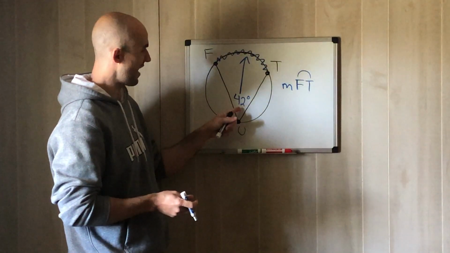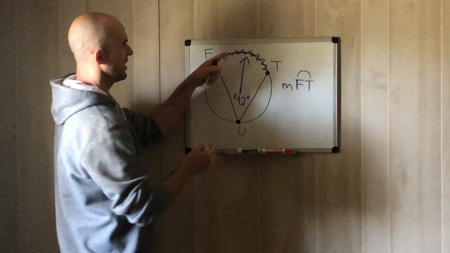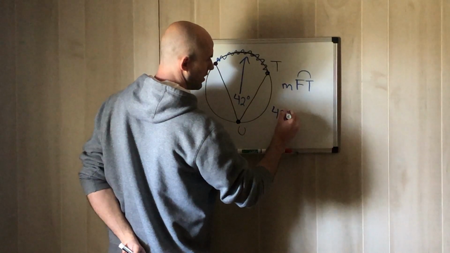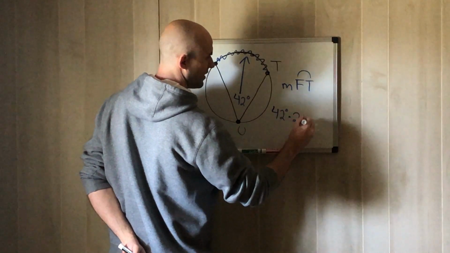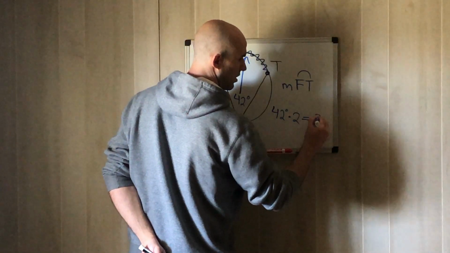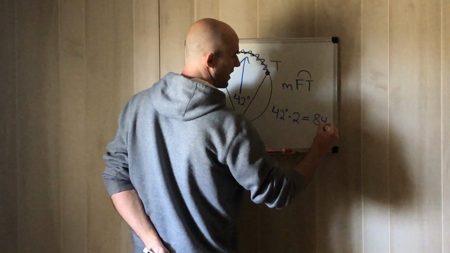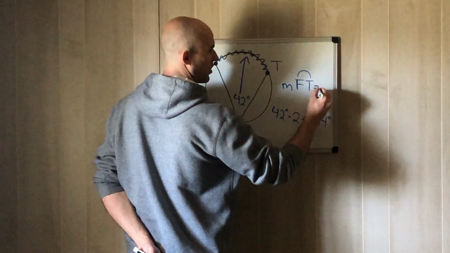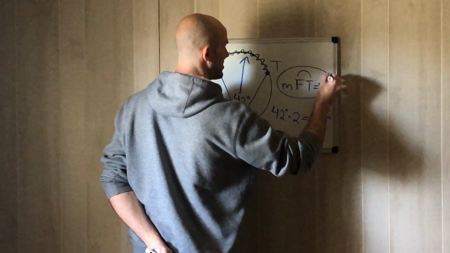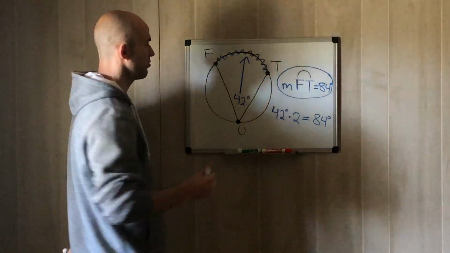Which means if the angle is 42 degrees, for FT we would just do 42 times 2, which gives you 84 degrees. It's always remembering that it's going to be 2 times bigger.